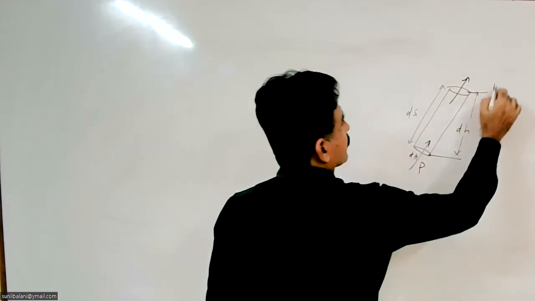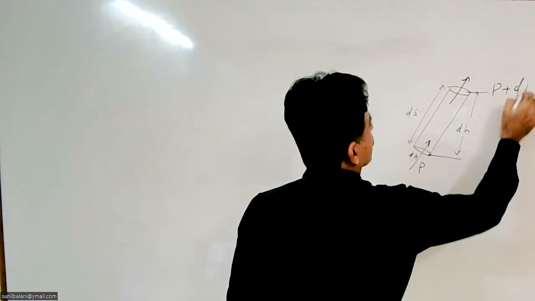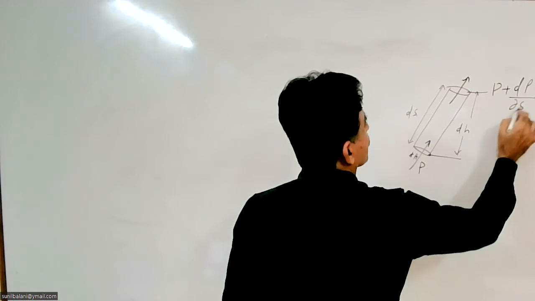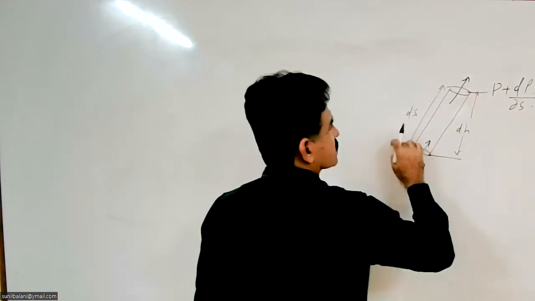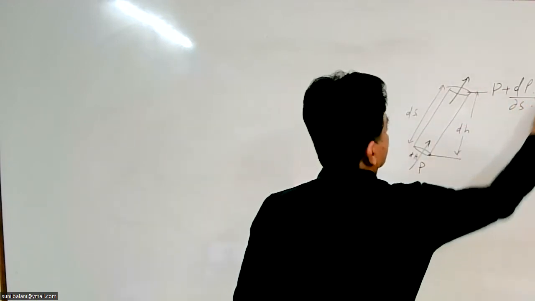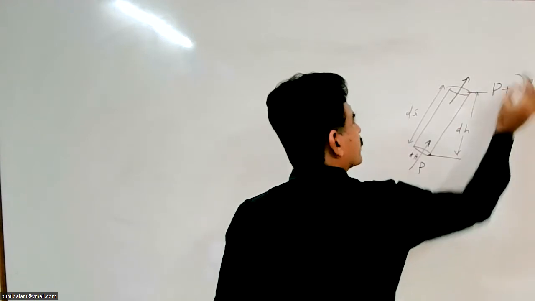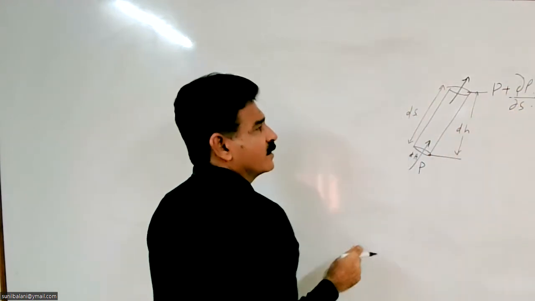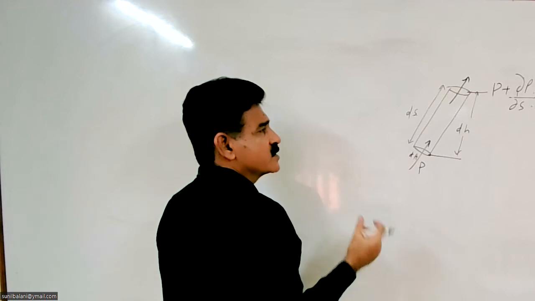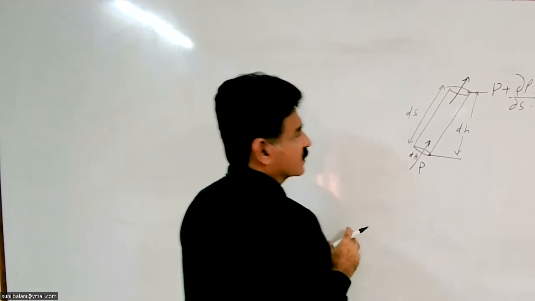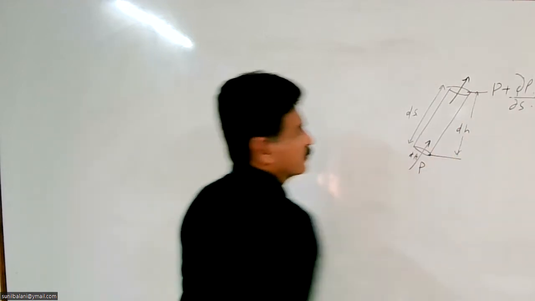The pressure here will be P plus dP by ds into the distance here, that is ds. Actually, it should be written as dou P by dou s because many variables are changing: pressure, time, velocity. If things are changing, then you have to put the dou symbol.